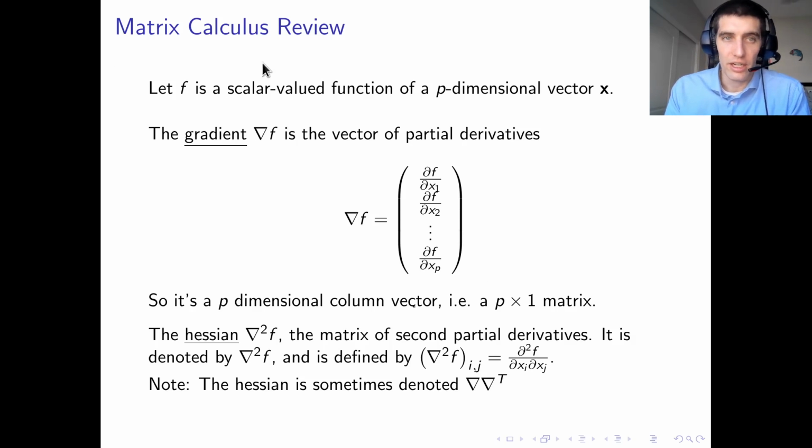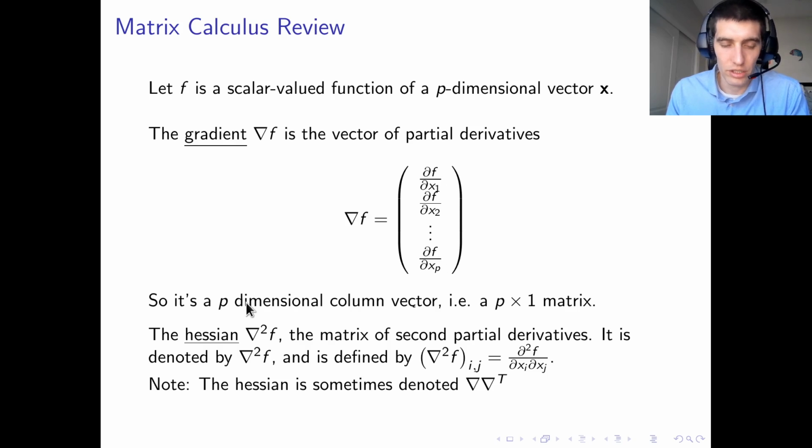Okay, so a little bit of matrix calculus review. If f is a scalar valued function of some p-dimensional input vector x, then the gradient is the vector of partial derivatives. Okay, so the gradient of f is the vector of partials.